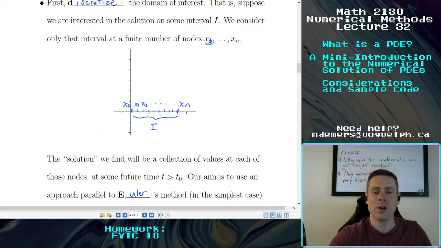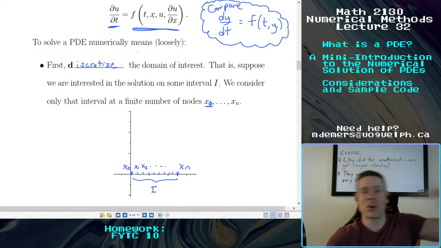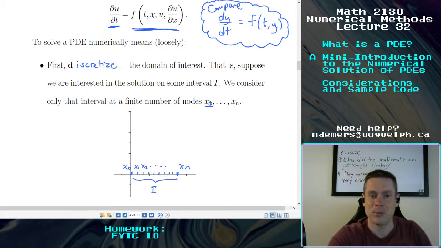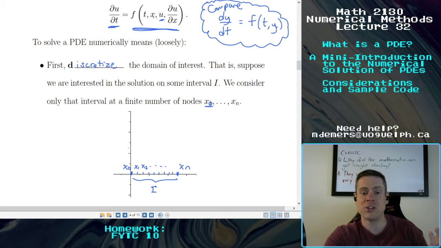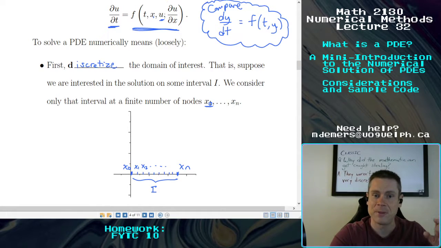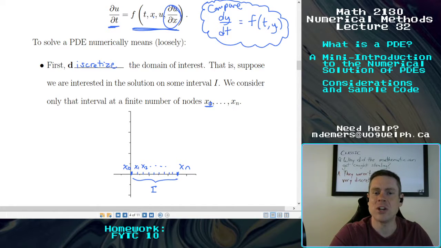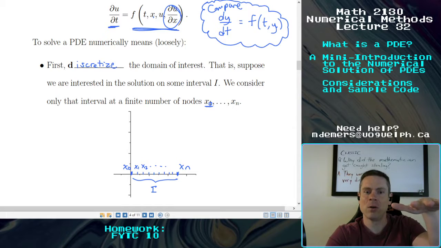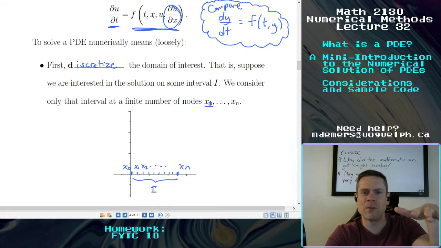At every single one of these nodes, I know what the x value is, so I have something to sub in here. I know what the time is because I'm currently on a particular time step, so I can figure out what this is. The u is going to be given by the initial condition because I'll have a certain height at every single one of those nodes, so I'll be able to sub in for that. And du dx, I actually have information about, because that's a spatial derivative.